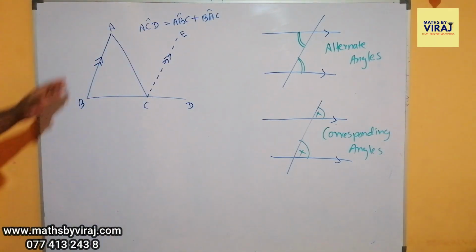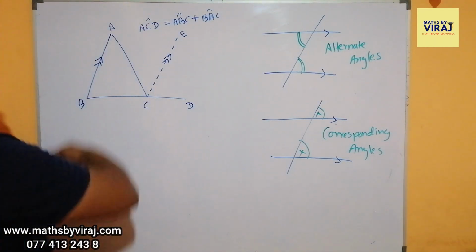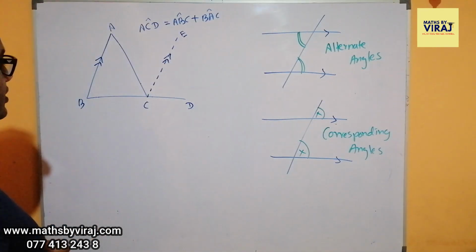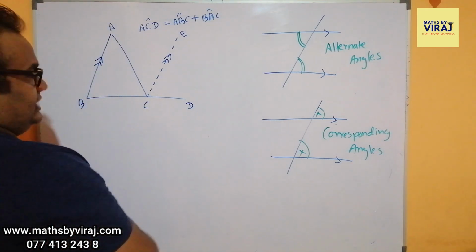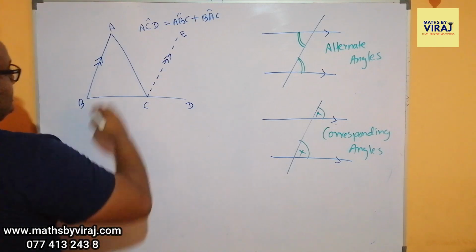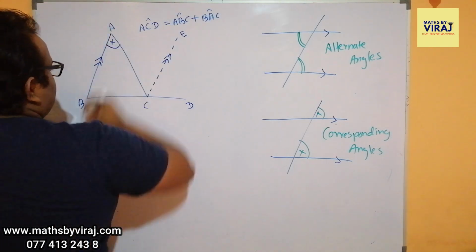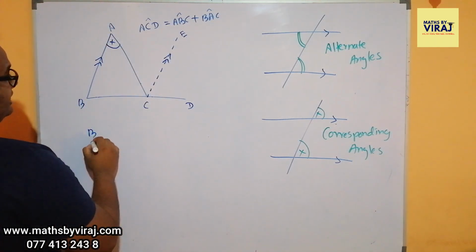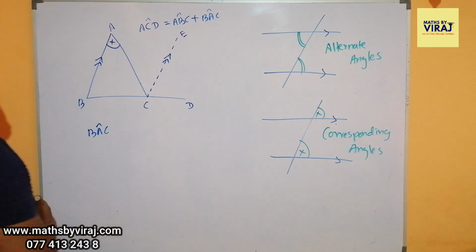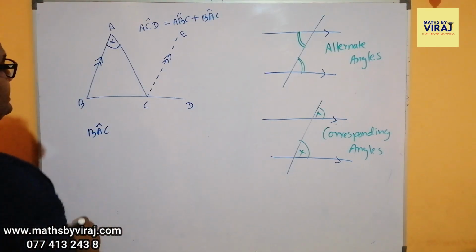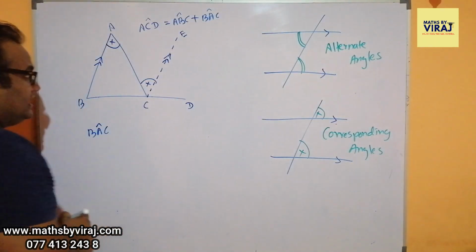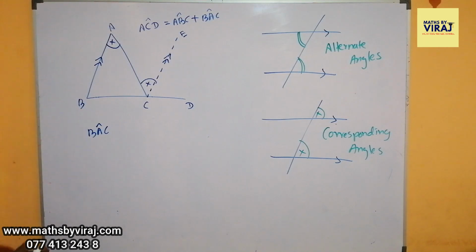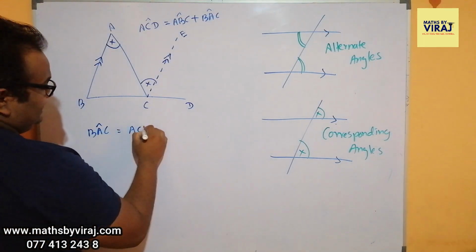Now we see that there is a triangle and there are two parallel lines, with the base BD. Fine. I can come to a conclusion that angle BAC is equal to angle ACE.